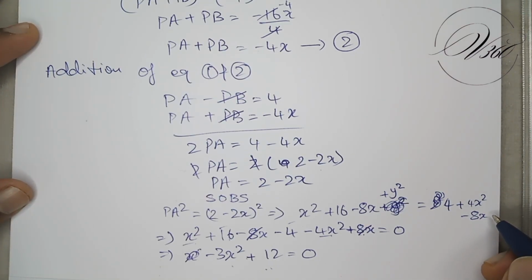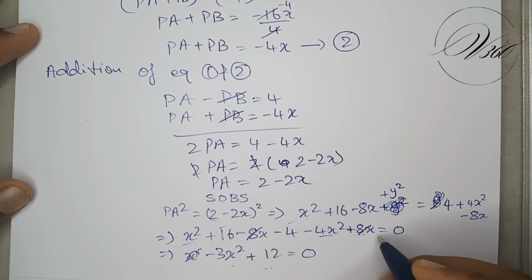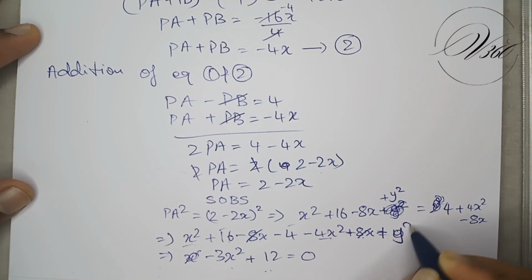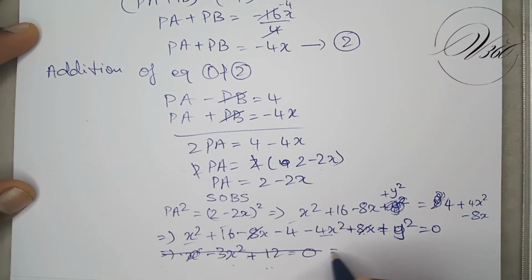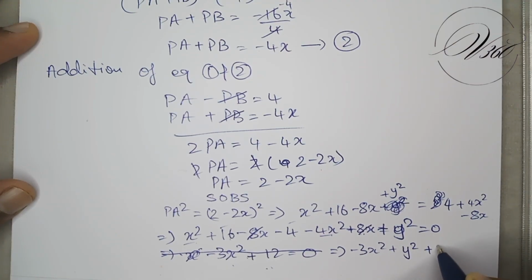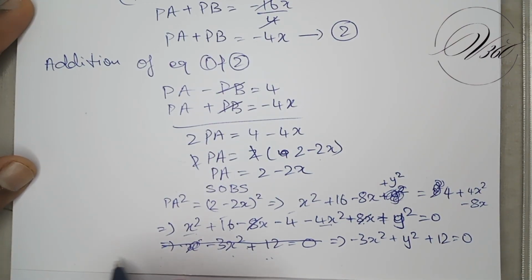Here again we will take it, we can write plus y square is equal to 0. Now if we take, the answer we will get is minus 3x square plus y square plus 12, which is equal to 0. Now if I solve this, we will get 3x square minus y square is equal to 12.